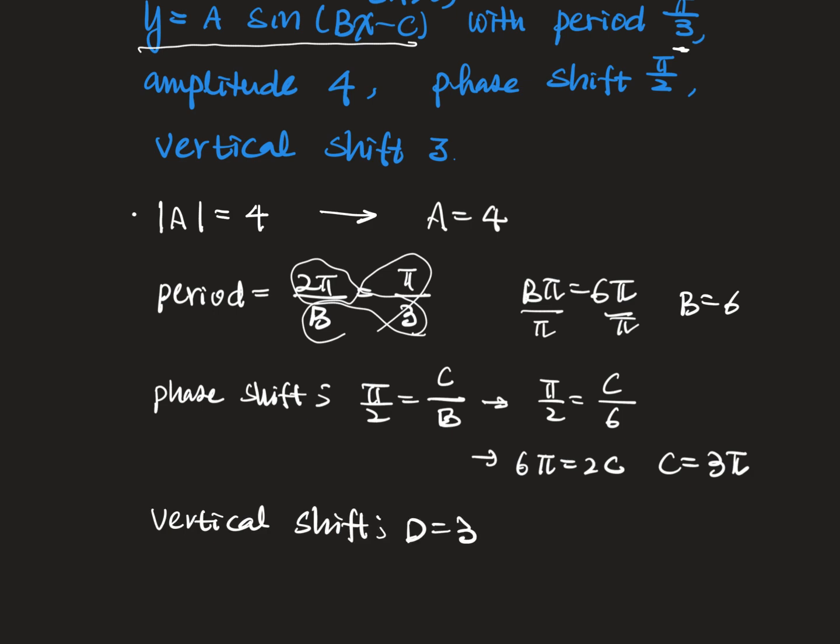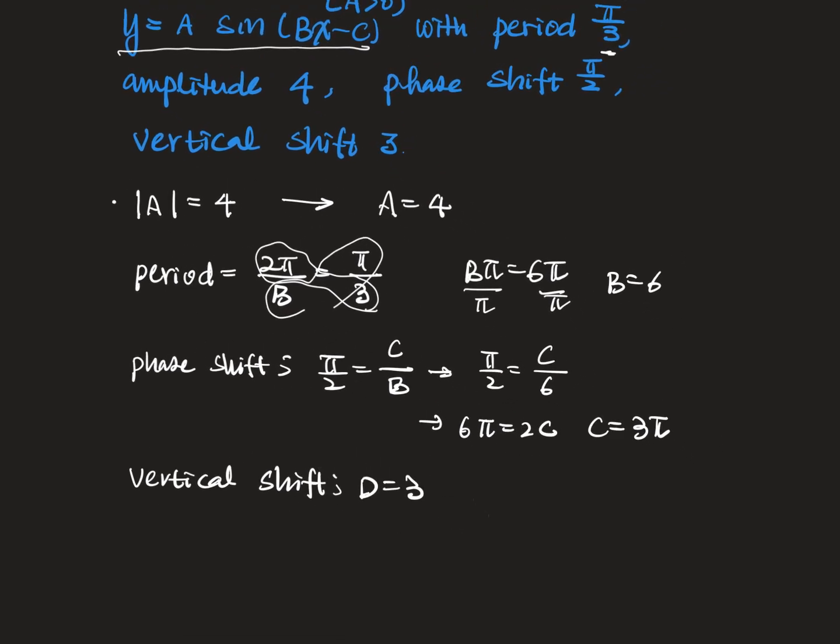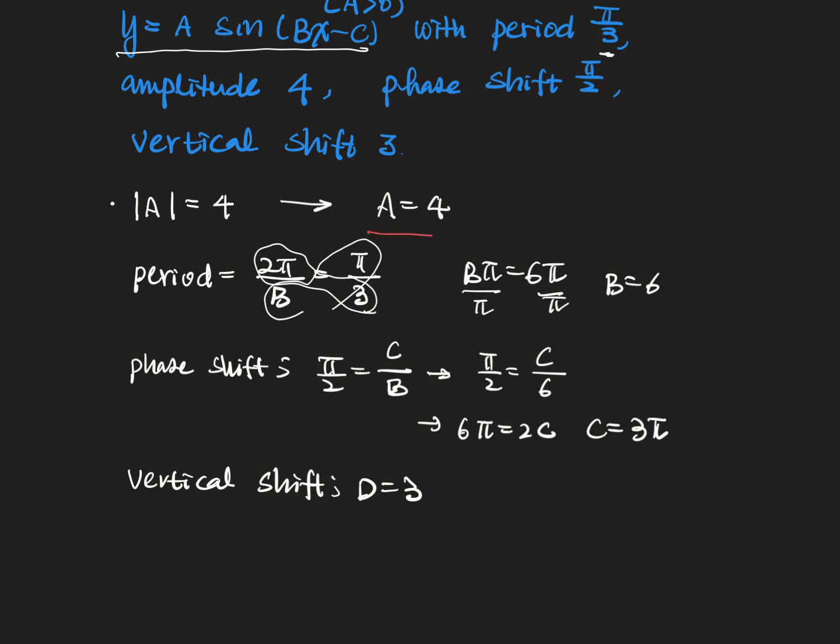D equals 3. Everyone, you found it, right? The A value, B value, C value, D value. So what is the answer? y equals A is 4 sine, B is 6x minus the C value 3 pi, plus 3.